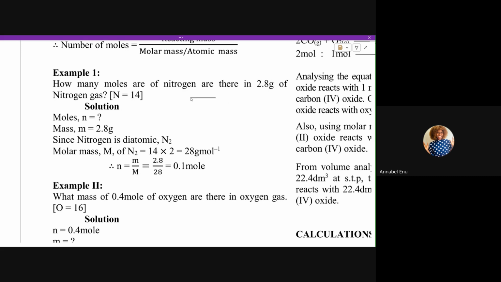There are 7 diatomic elements, from all the halogens up to hydrogen, nitrogen, and oxygen. All of these are diatomic. So when they say hydrogen gas, we mean H2, not just H. When we say oxygen gas, we mean O2, not just oxygen.